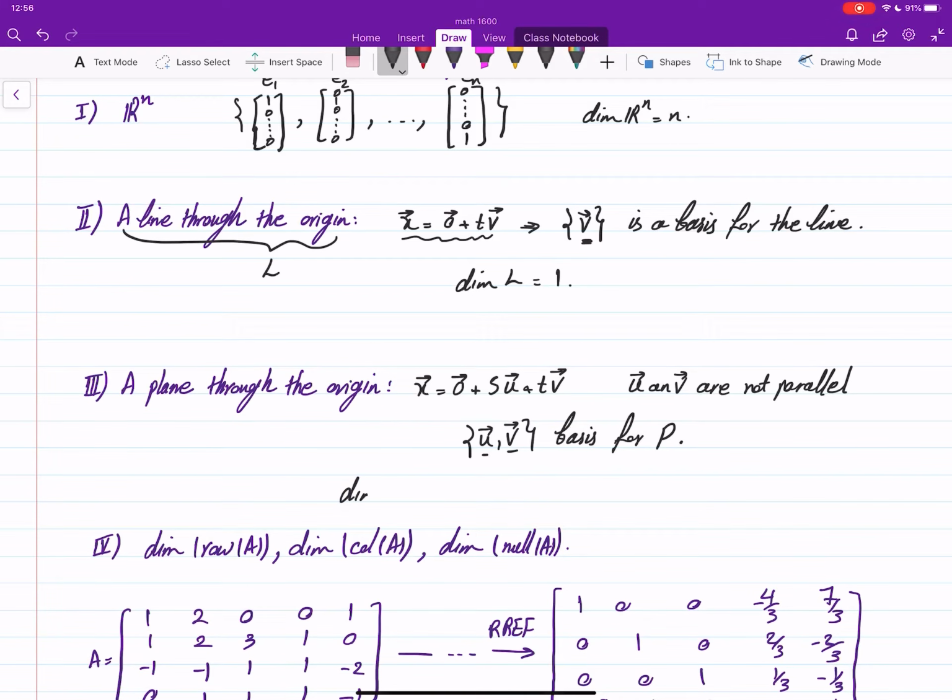So the dimension of that specific plane is equal to 2. As you can see in these two examples, the dimension that we just defined using linear properties matches the geometric dimension of those objects. A line is one-dimensional, a plane is a two-dimensional object, and those are the same.